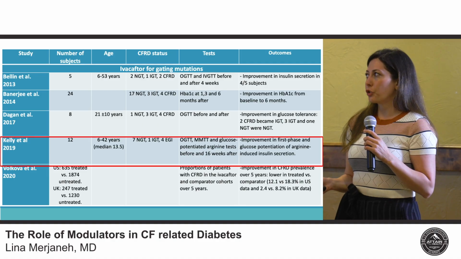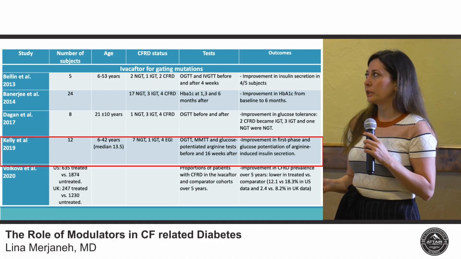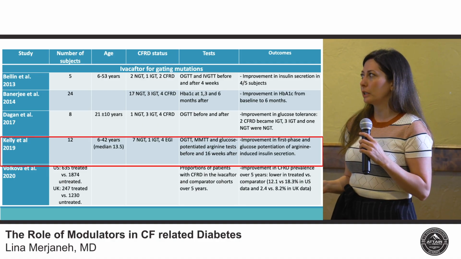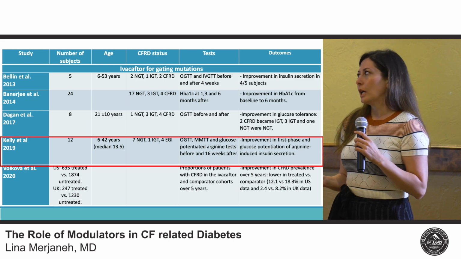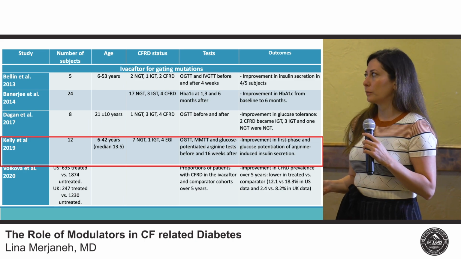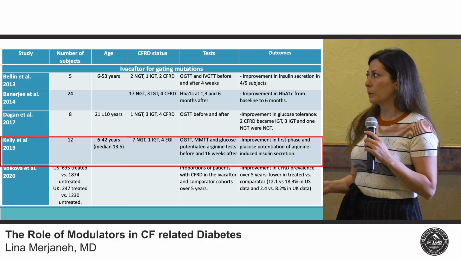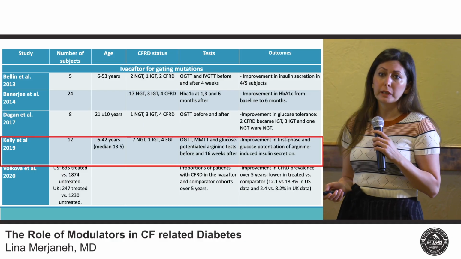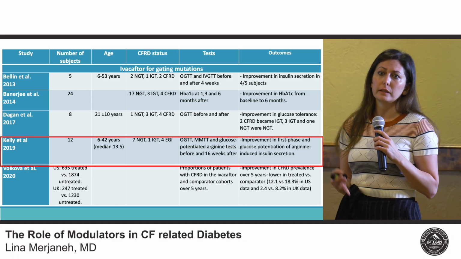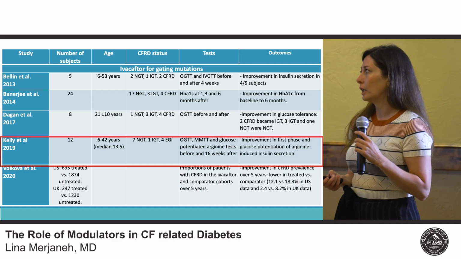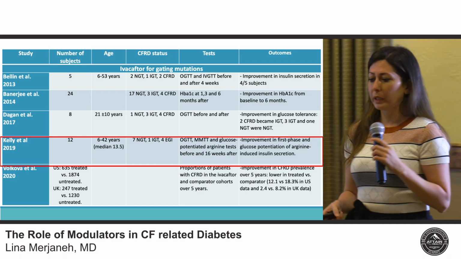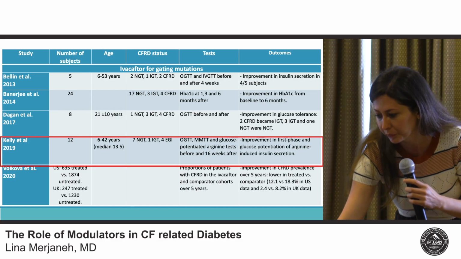There was a wide age range and different glucose tolerance categories, and most of the studies did OGTTs before and after. Some just looked at A1C, and some did more detailed studies. But overall, the outcomes were improvements, whether in glucose tolerance, insulin secretion, A1C, or glycemic control.